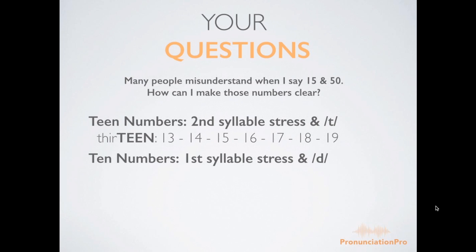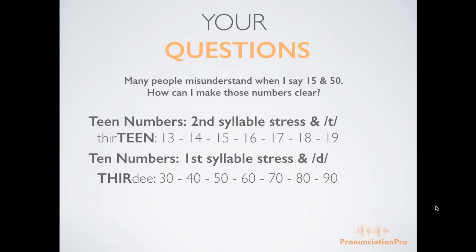In contrast, here's what the ten numbers need to be. We need them to have first syllable stress. I'm talking about 30 instead of 13. So 30 is first syllable stress, and we have that D sound. It's spelled with a T, so according to the spelling, it could be "tirty."